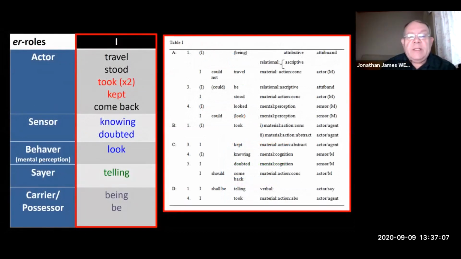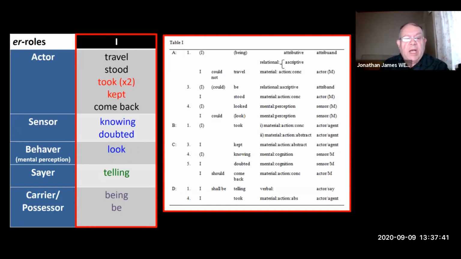All right, so now let's take a look. Is there any patterning that can be observed, keeping this in mind? This cline of more dynamic and non-dynamic. And what she does is she takes, for example, the participant I, first person. And the first person throughout the poem, what verbs are engaged in by the first person?